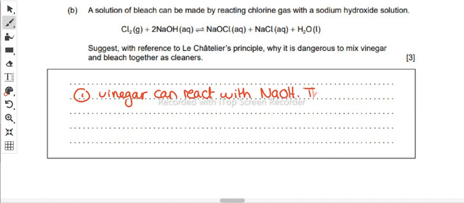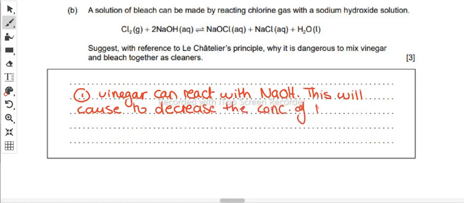This will cause a decrease in the concentration of NaOH. Now we need to refer to the shifting.